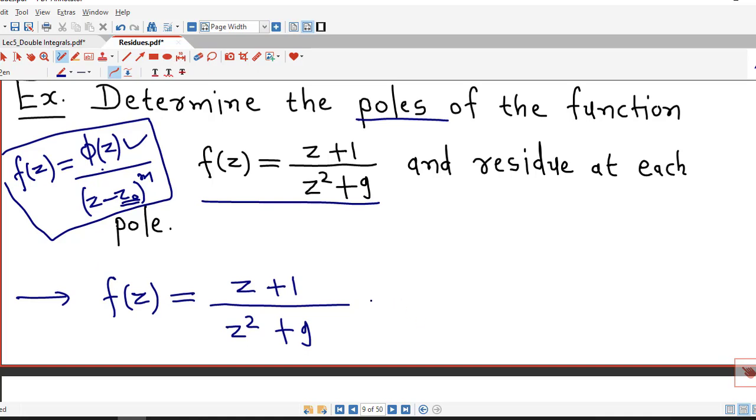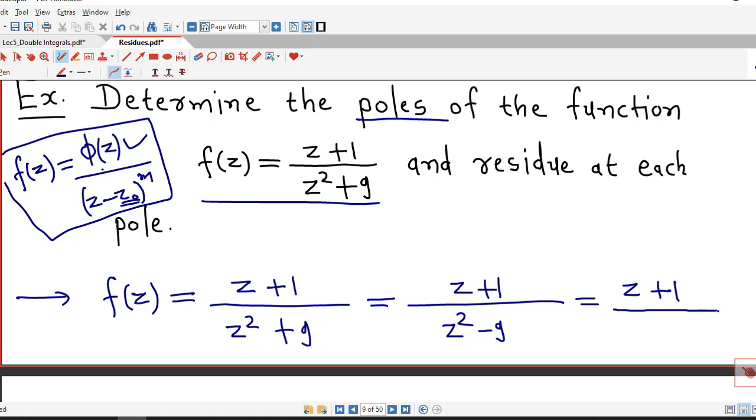So to write in this form, we can write z square plus 9 as z square minus 9 into minus 1.